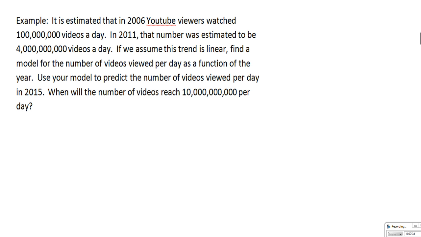So you've got some very large numbers in this particular problem. It might be helpful to play with the units a little bit. Instead of using 100 million for the number of videos a day, we could just define things to be in millions of videos. And so we could say that in the year 2006, using 6 to represent 2006, there were 100 million videos, and just use 100 to represent the 100 million.